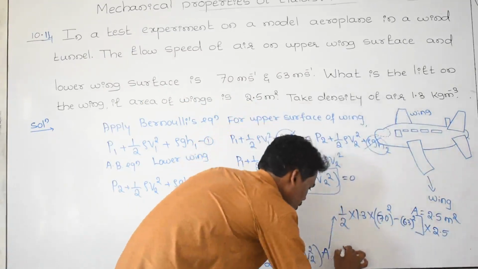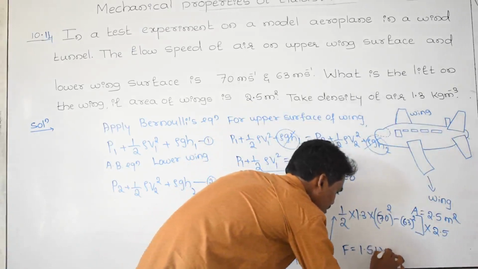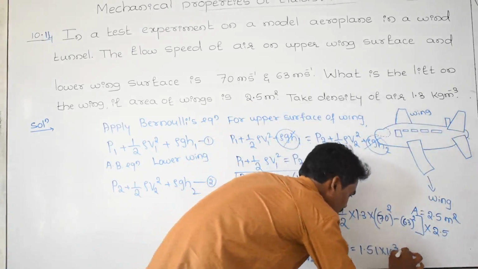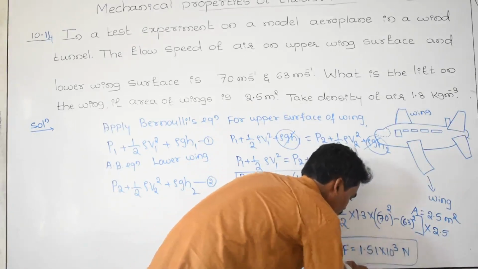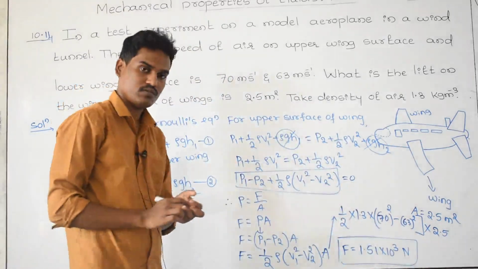Substitute all the values and you get F equal to 1.51 into 10 to the power of 3 Newton.